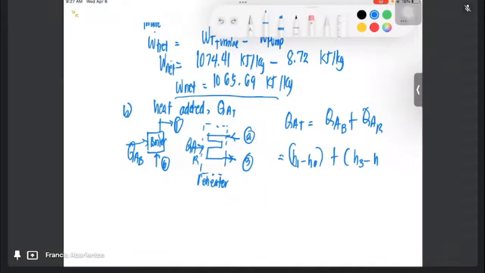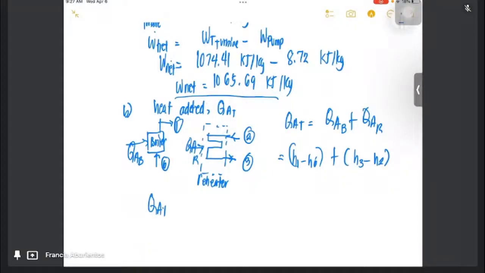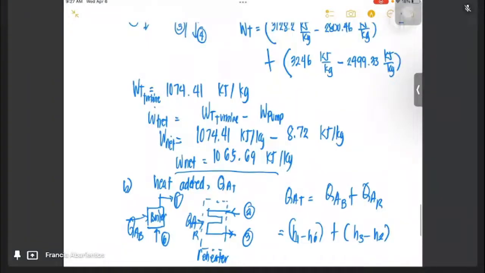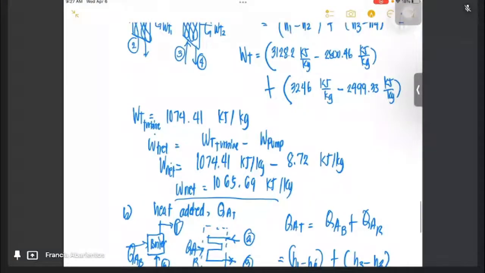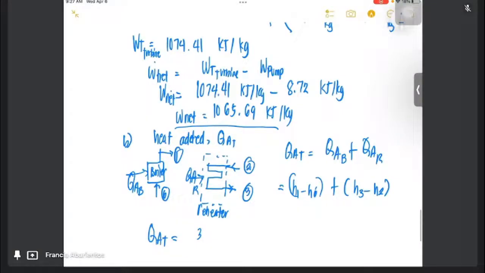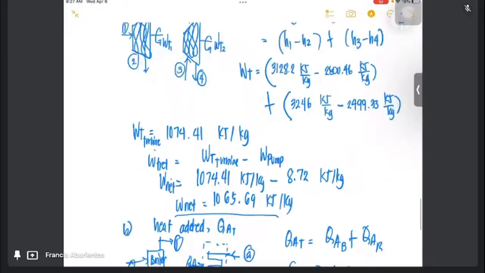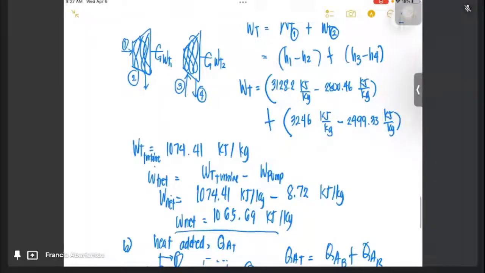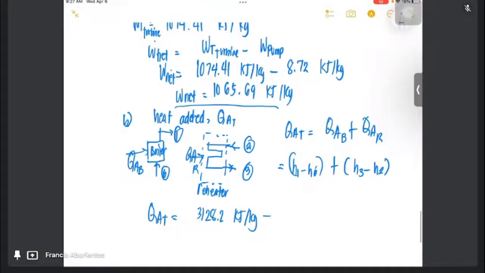So the total heat added now: H1 is 3128.2 minus, what is our H6? 368.